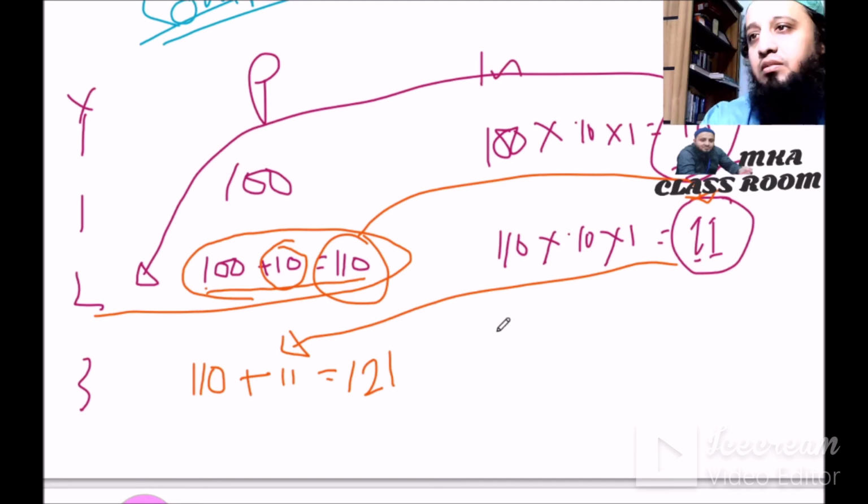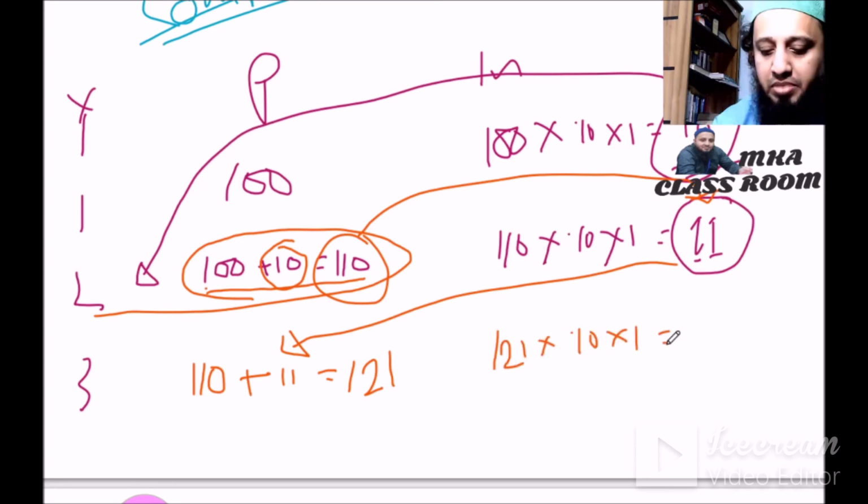We are calculating 121 into 0.10 into 1. Pressing the calculator, that is 12.10.